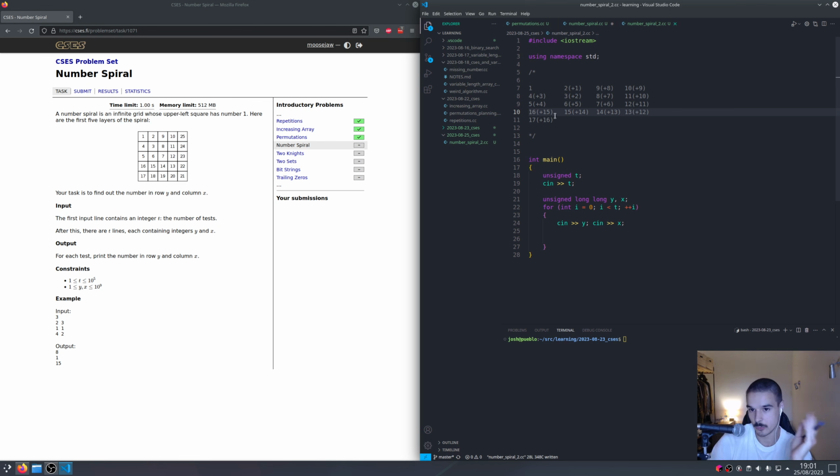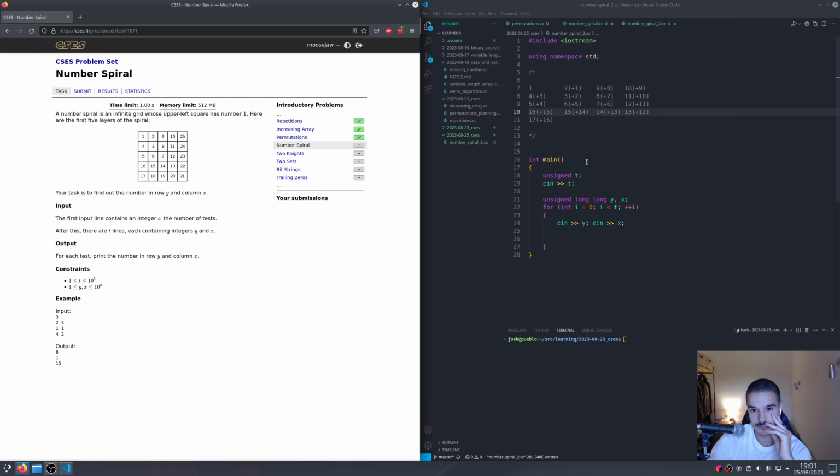Well, you can subtract by 1 up to y times. So this is 13, but the next one over here would be 18, 19, 20, 21, 22, as we can see in the example.